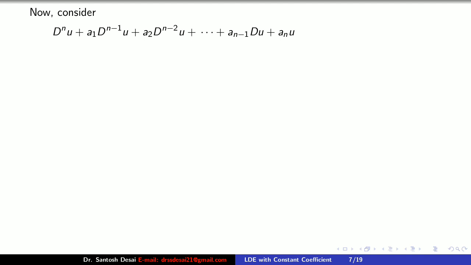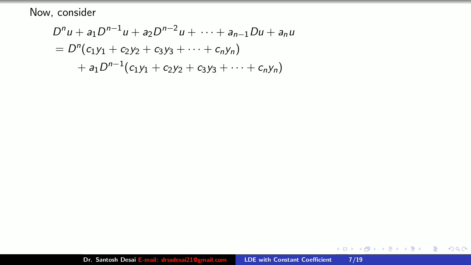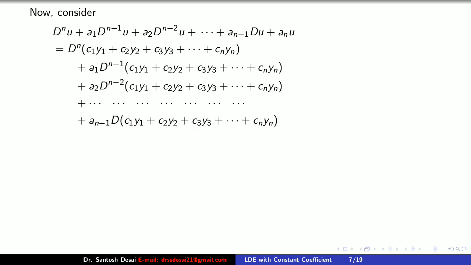So substituting the value of u in each term, the first term is D^n into bracket c1 y1 + c2 y2 + c3 y3 and so on cn yn, plus a1 D^(n-1) into the value of u, plus a2 D^(n-2), again putting the value of u, and continuing in this way, the last term is an into bracket, again the value of u.